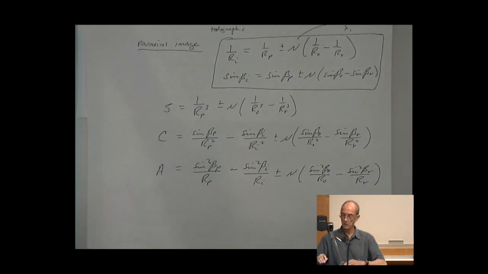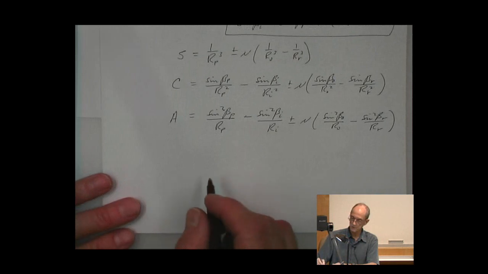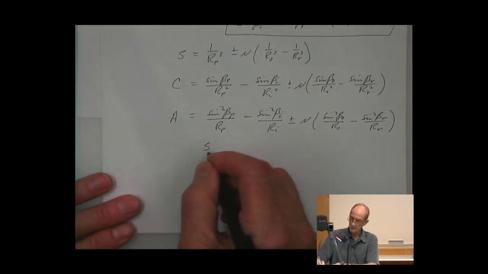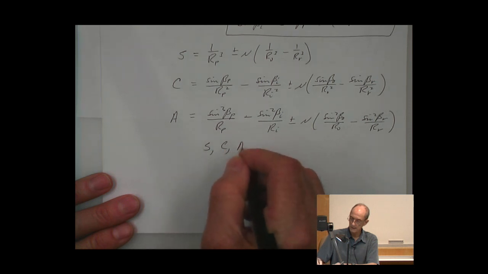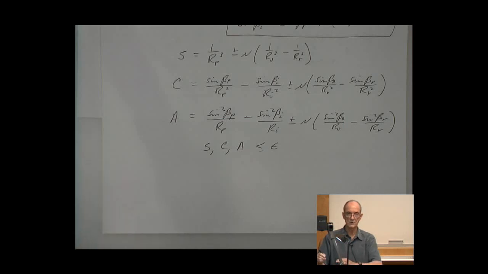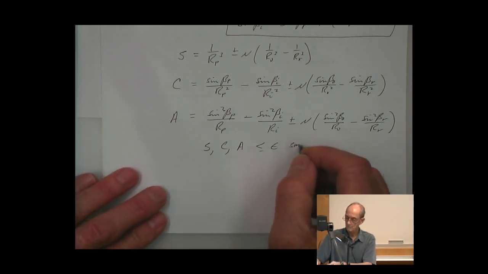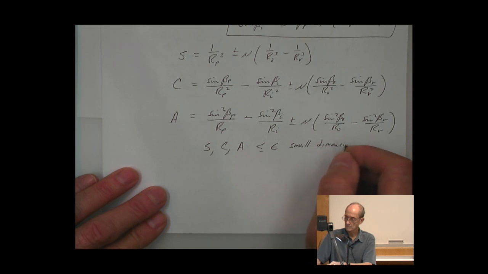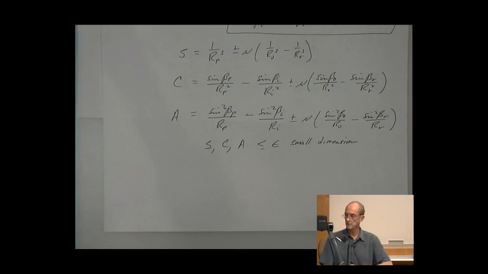Okay, so the idea then is to force S, C, and A to be less than or equal to, say, some epsilon, which is a small dimension, to bring those aberrations under control.